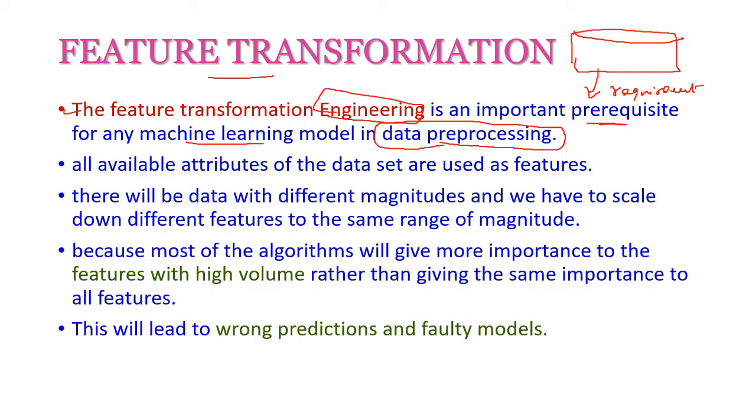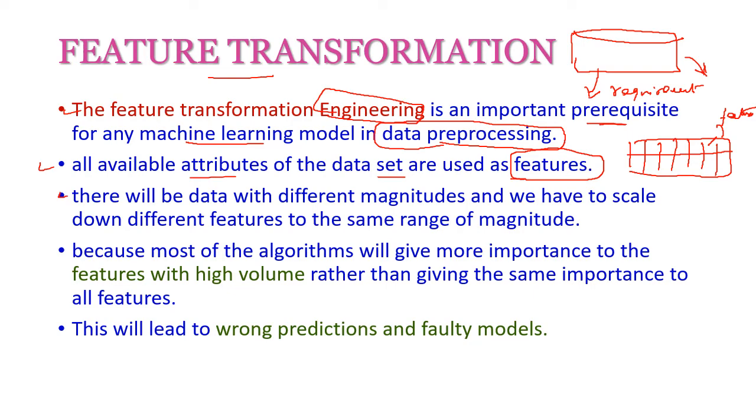We cannot use all the data for our learning model, so we have to extract only the required data. Here all available attributes of the data set are used as features. As I already told you many times, all the fields in the data set are called features.